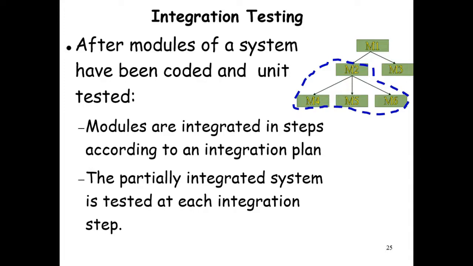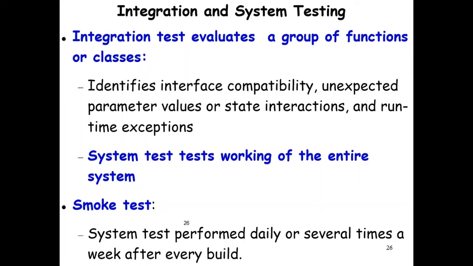If there are 10 modules to be developed and two modules have been completed, both of these will be integrated first and then tested. In the next phase, if 4 more modules have been completed, so 2 earlier and 4 at this stage, all 6 modules will be integrated and then integration testing will be done combining all these 6 modules.